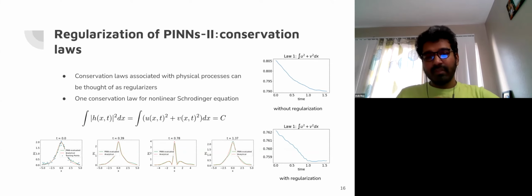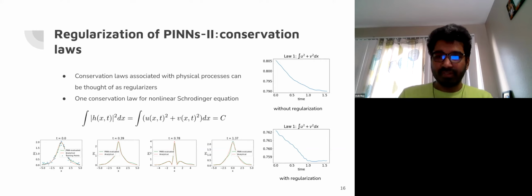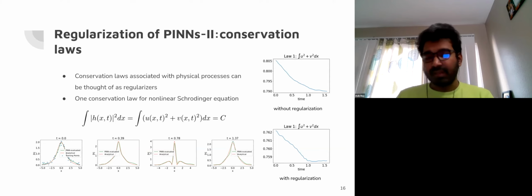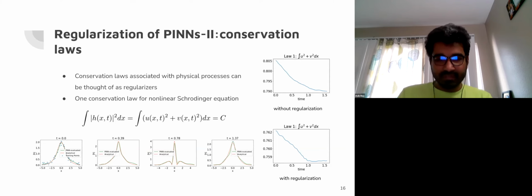The second kind of regularization could come from something more physics-inspired, like conservation laws. In many cases, conservation laws associated with physical processes can be thought of as regularizers. We know the Schrodinger equation has a particular conserved quantity: if you take the absolute value squared of the field and integrate over the space domain, you get something constant, independent of your choice of time.